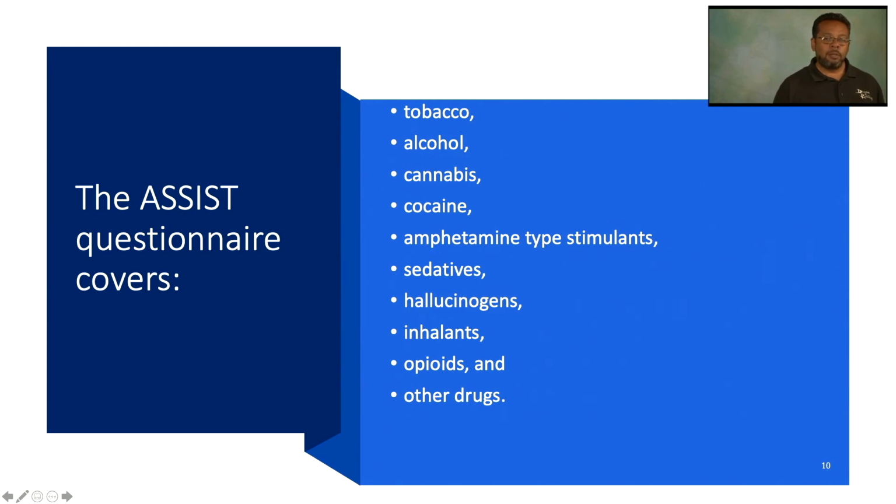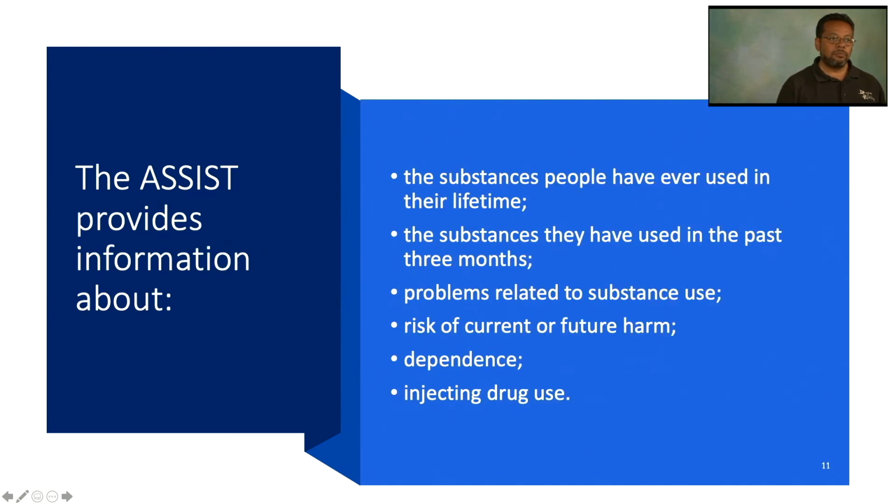Sedatives, a commonly abused drug is Xanax or maybe Ativan. Hallucinogens, inhalants, and again, what we're dealing with in the epidemic is opioids, and it'll screen for a couple of other drugs as well. Pretty comprehensive tool, even though it's done in a very short period of time. So the ASSIST is especially designed for use by healthcare workers or people on the front line within community organizations in a range of settings.